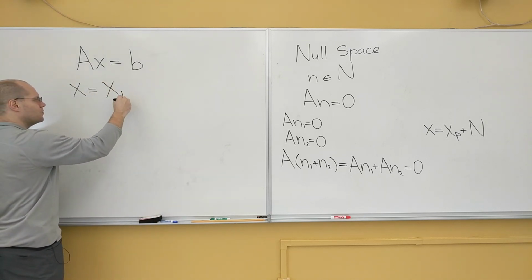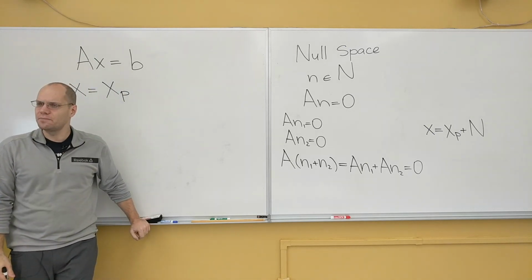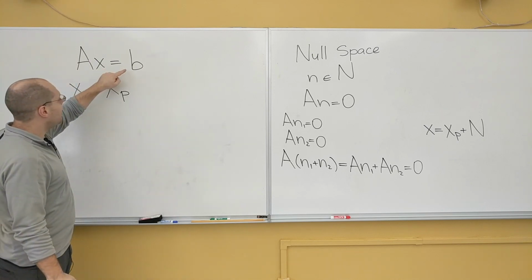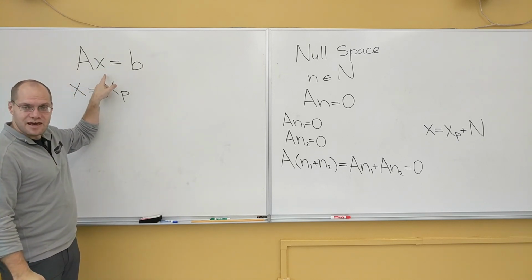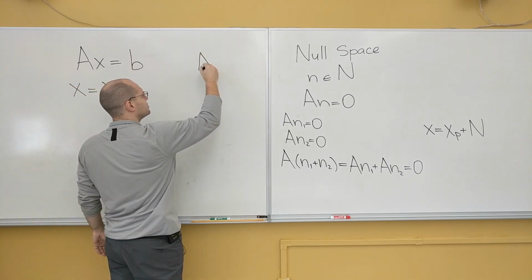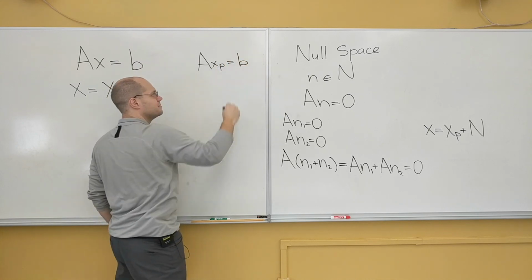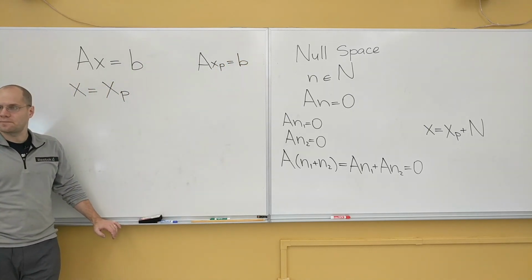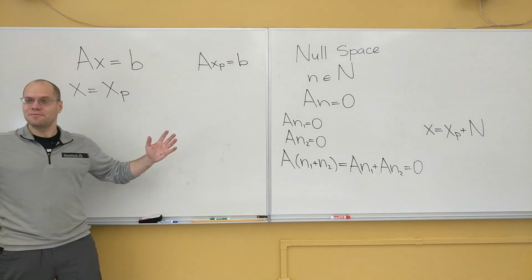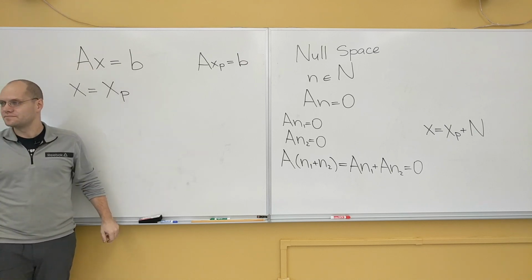It's any one way of doing it, an arbitrarily selected one vector whose image under A is B. So in other words, it's any one vector such that under A it goes to B. That's the definition of X sub P, and it's called a particular solution, and I'm not telling you how you would obtain it.